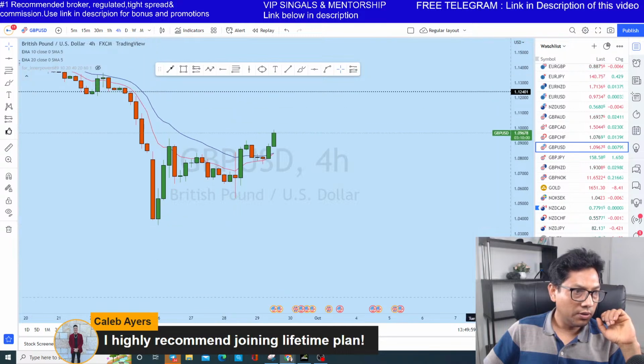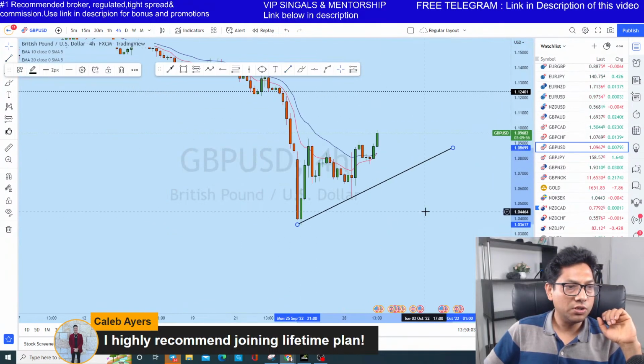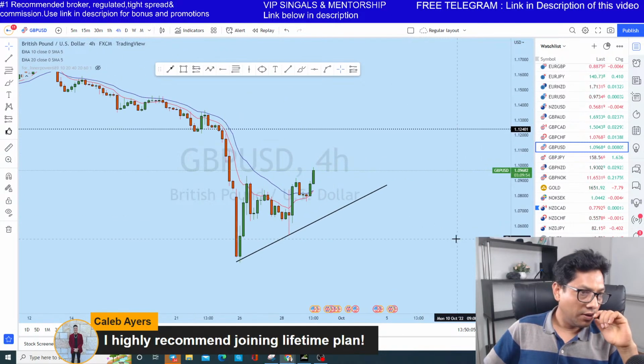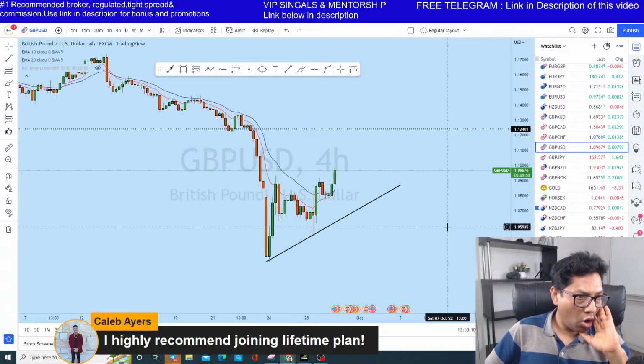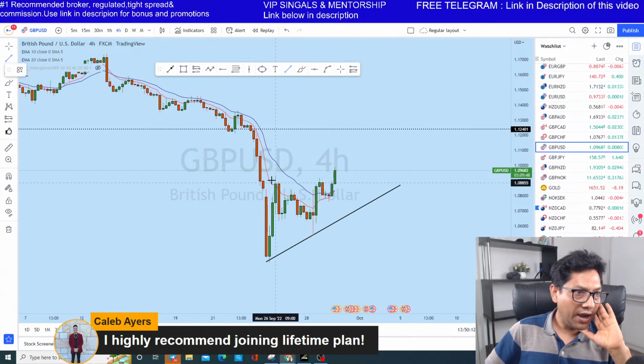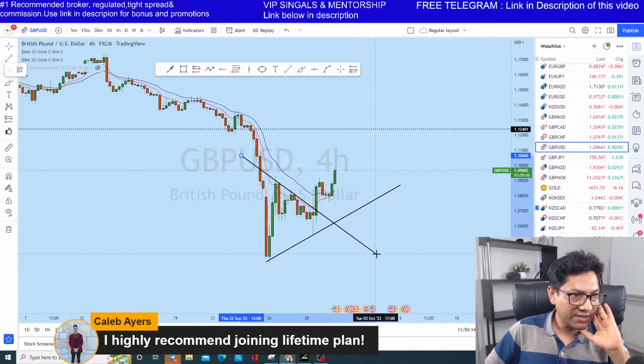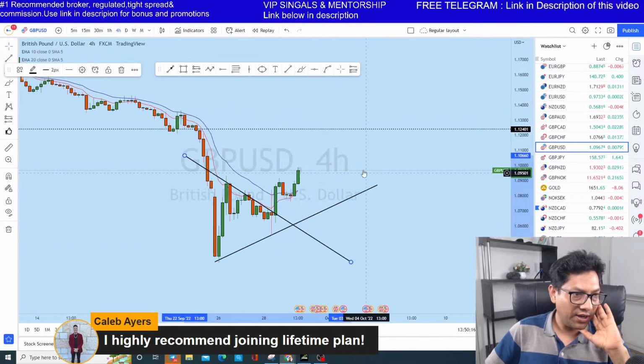Now the situation that I need for shorting GBPUSD, I think it needs to come to this level. Okay, finally, for going long on GBPUSD, not shorting, sorry, I need to see that it has tested this trend line here.